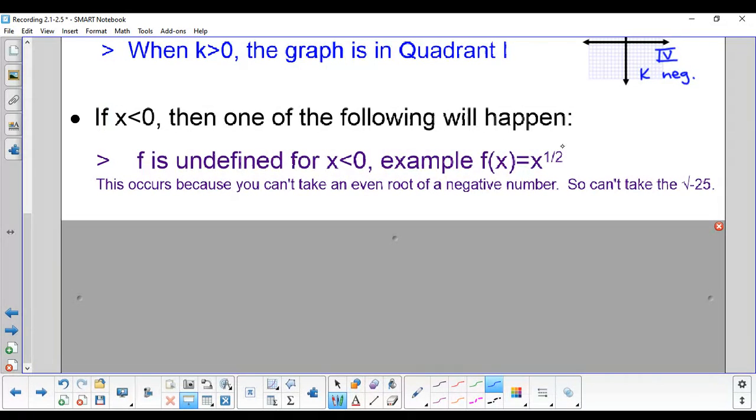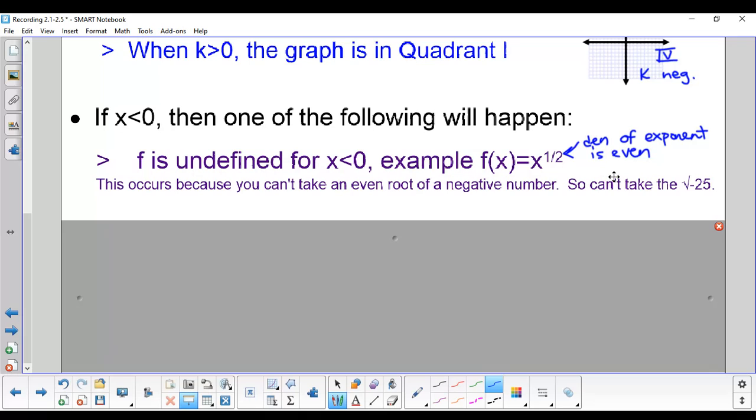And this occurs when the number in the denominator of the fractional exponent is even. So if the denominator of the exponent is even, then we say it is undefined.